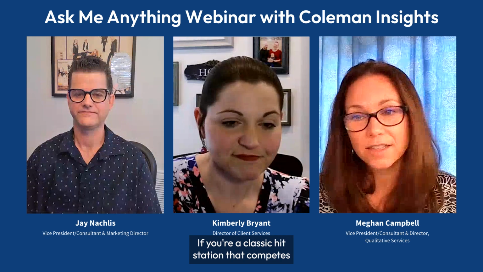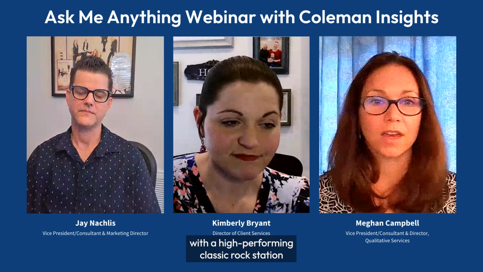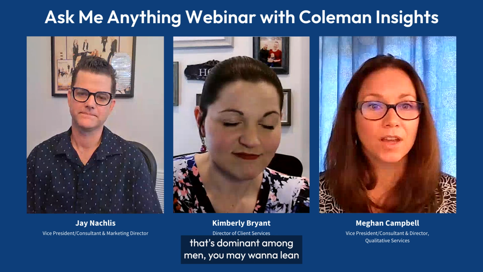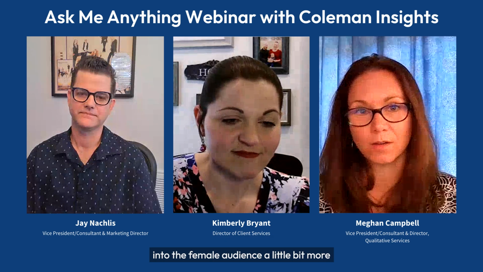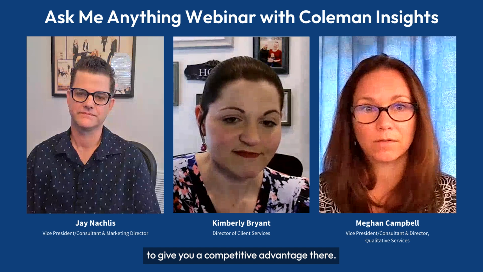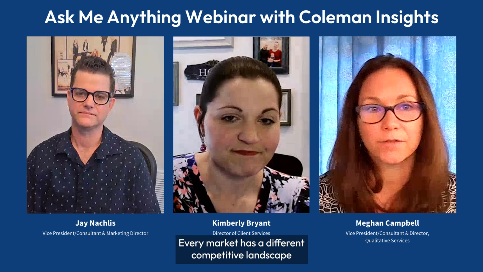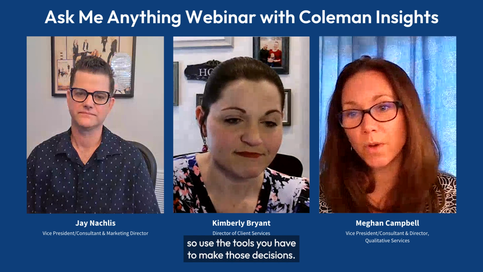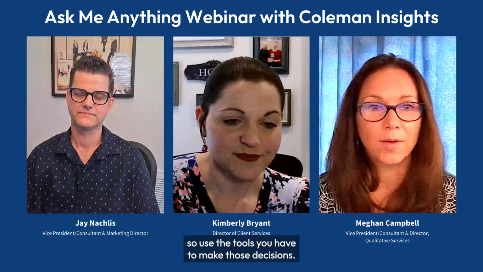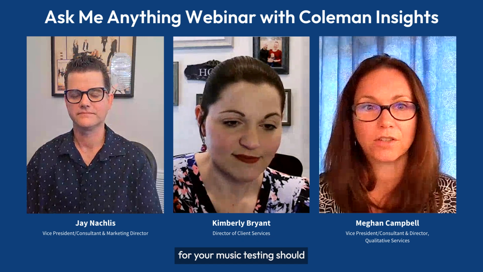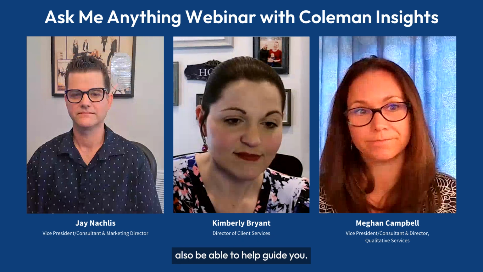If you're a classic hits station that competes with a high-performing classic rock station that's dominant among men, you may want to lean into the female audience a little bit more to give you a competitive advantage there. Every market has a different competitive landscape, so use the tools you have to make those decisions. But whatever research company you partner with for your music testing should also be able to help guide you.